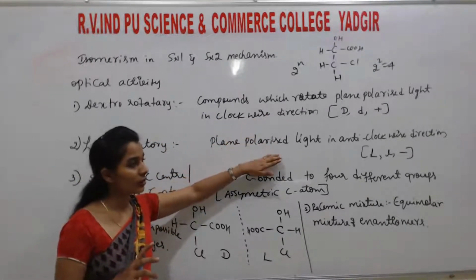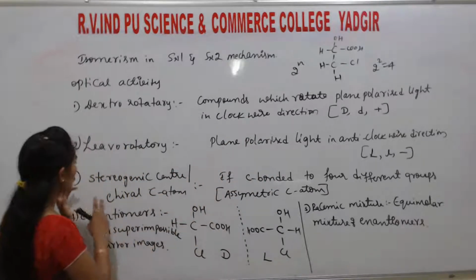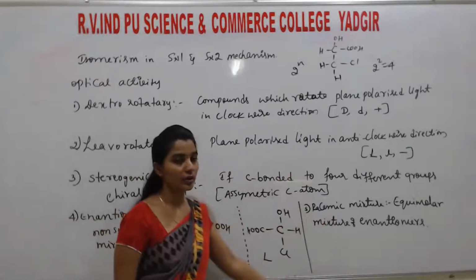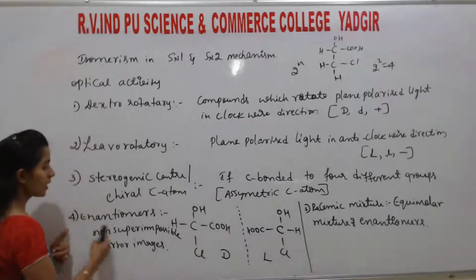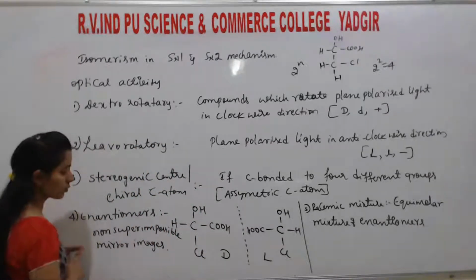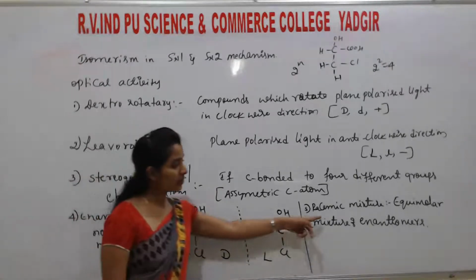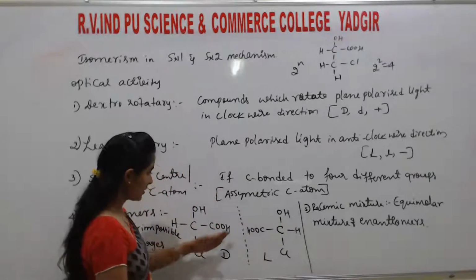If it is rotated towards the left, anticlockwise, that is levo. A stereogenic center, a chiral carbon atom, means the carbon is bonded to 4 different groups. Enantiomers are non-superimposable mirror images. A racemic mixture is an equimolar mixture of the enantiomers. So this one is the example for that.